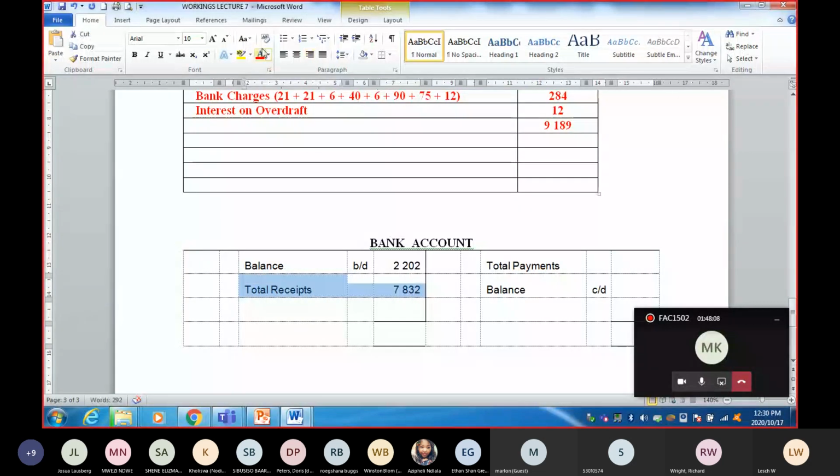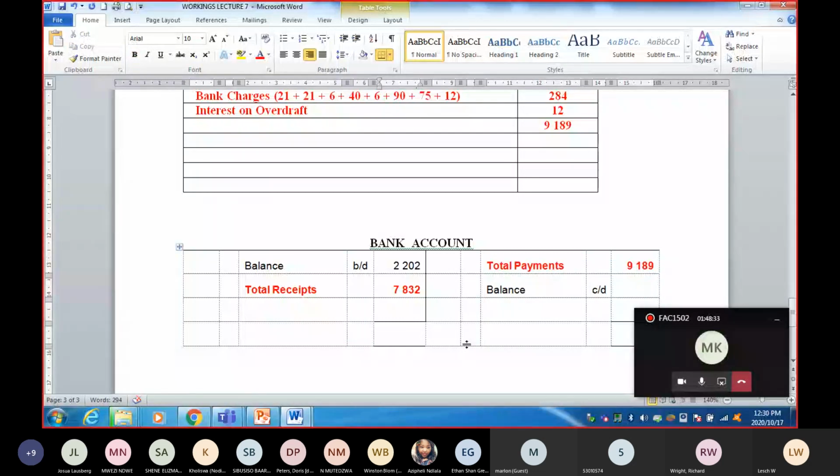My bank account, I credit my bank account with my total payments. The total payments is an amount of 9,189. That is now my total payments for the month, the updated total payments. I balance my bank account now.